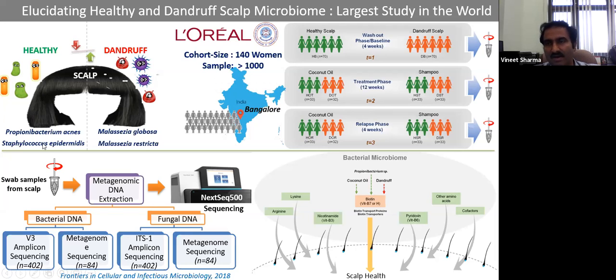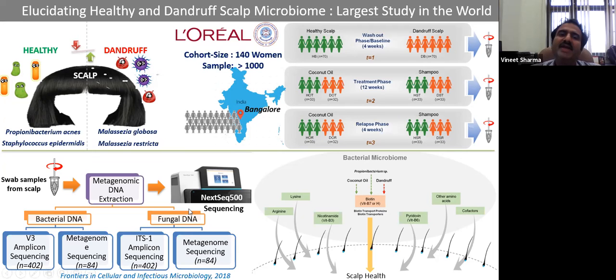The bacterial players were Propionibacterium acnes and Staphylococcus epidermidis, and two Malassezia strains, globosa and restricta, which are associated with dandruff, right? And in fact, it is their proportion that matters, that we showed here. You may have both kinds of these species, but their proportion leads to healthy and dandruff conditions, right?